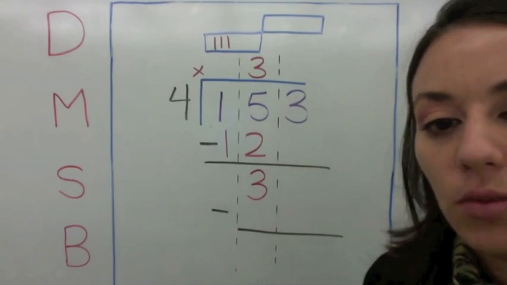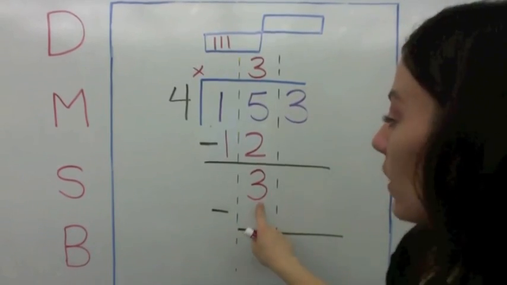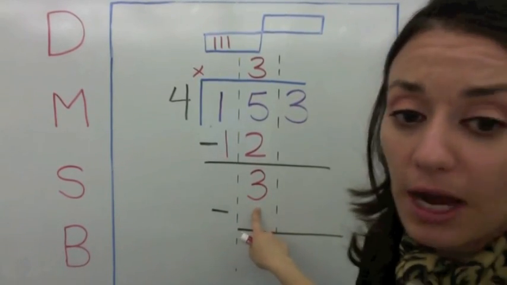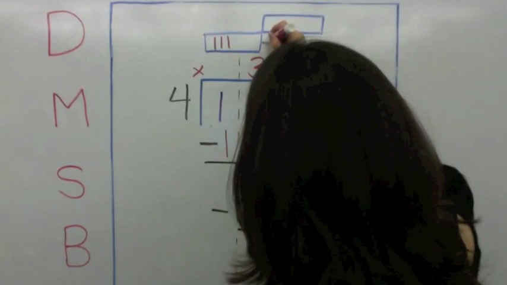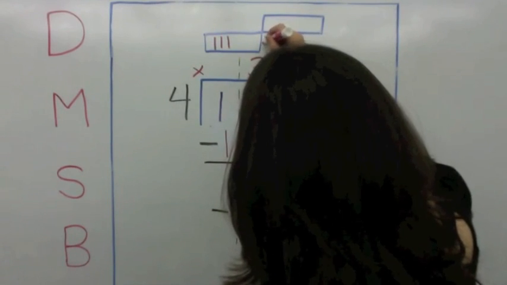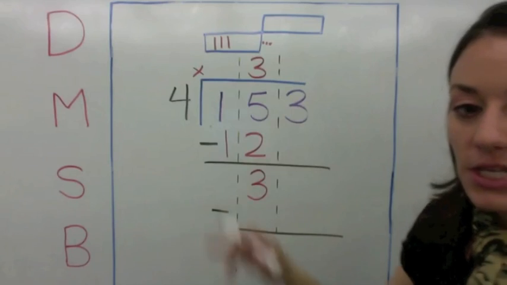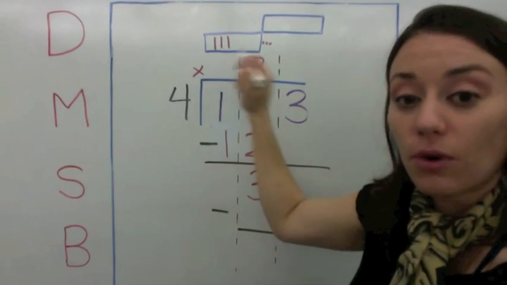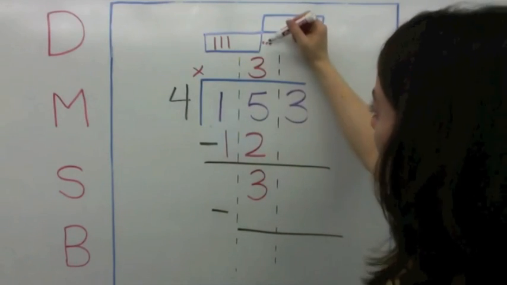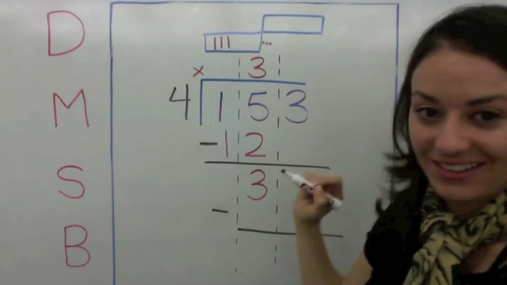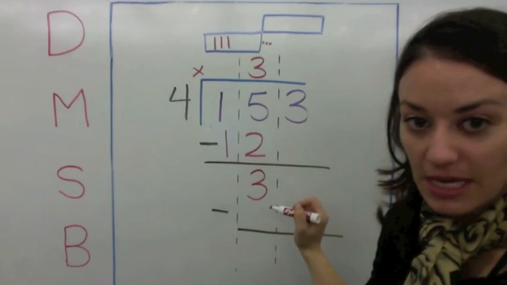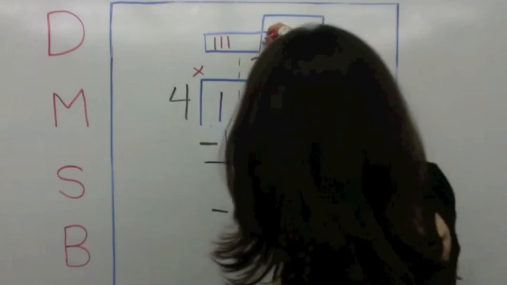What's left over here? It's 3, right? So I want you to put 1, 2, 3. Meaning that 15 divided by 4 is 3, 4, 8, 12, plus 3 more, right? 13, 14, 15. See how that works? Yes? Okay, so put 3 little dots up here.